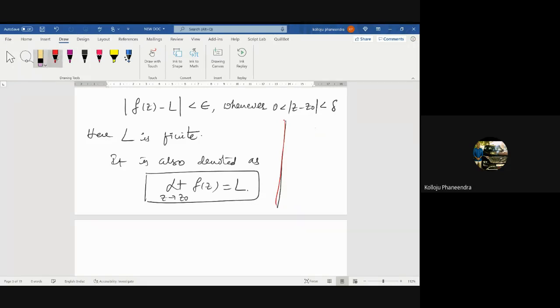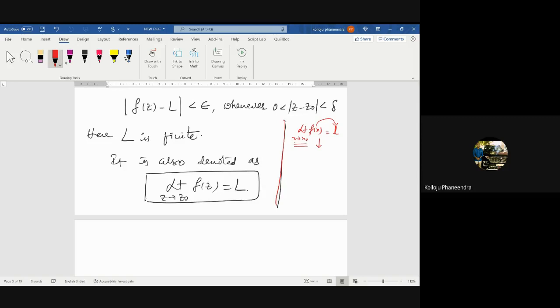For a real function, what is this limit? Limit of f of x as x tends to x naught equal to some L. What is the theory here? When x approaches x naught, f of x approaches L. This is the real theory.